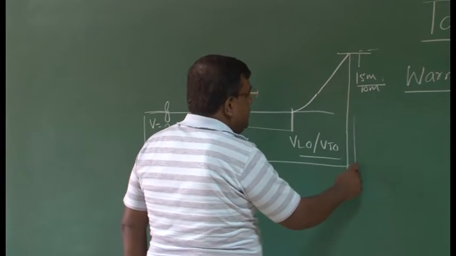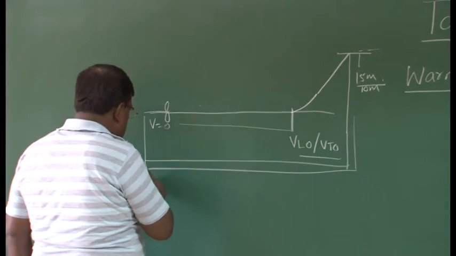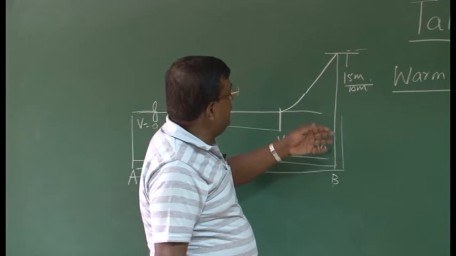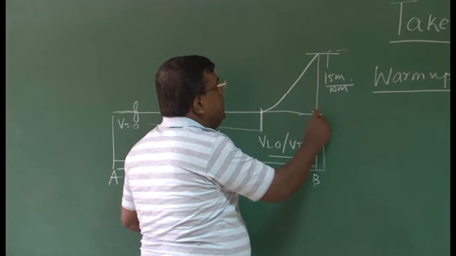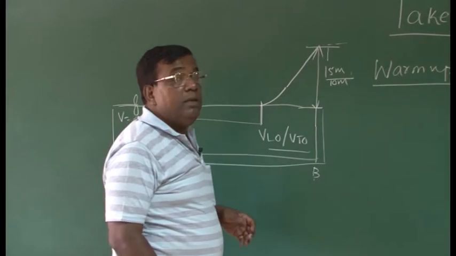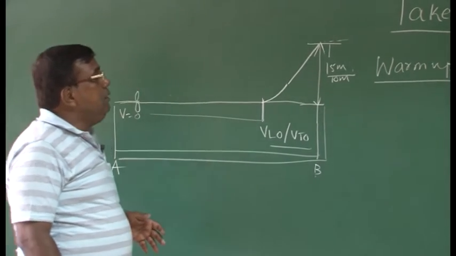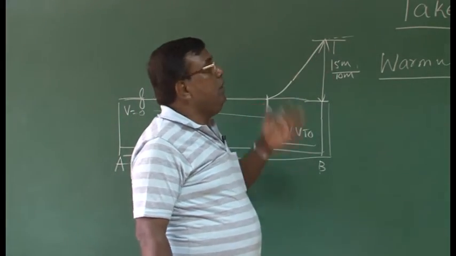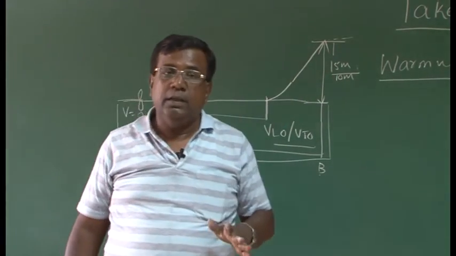So this distance from here to here, that is A, B, subject to it has cleared this height, which is 10 or 15 meters depending upon the type of airplane, which is also called screen height, then only we say the takeoff is done.